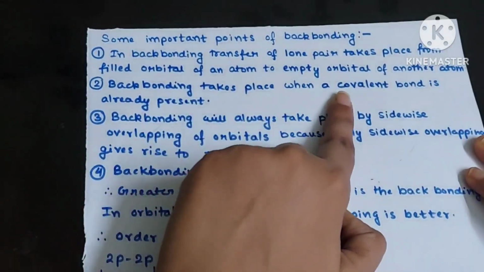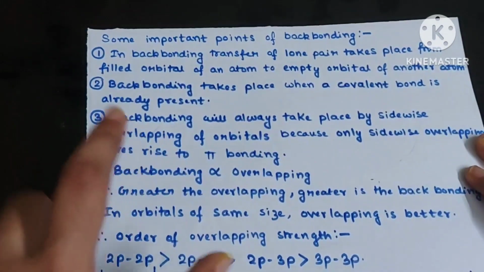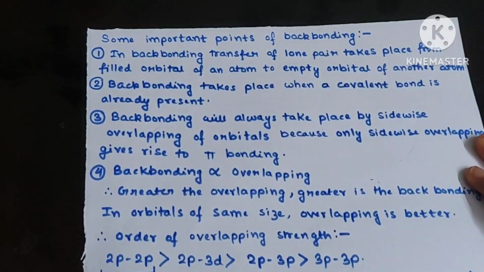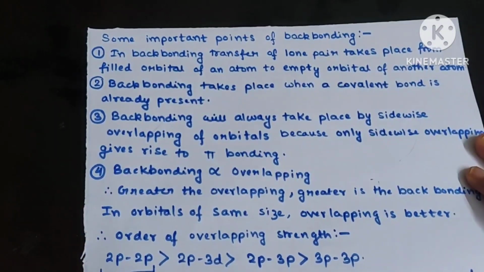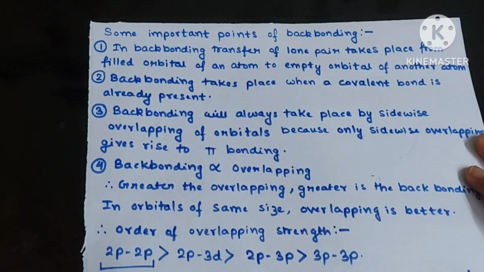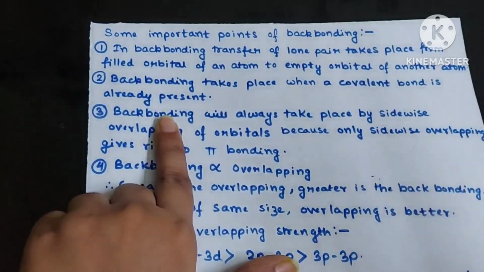Back bonding takes place when a covalent bond is already present. Back bonding will only take place when a covalent bond is already present. Okay, so we will read the examples next. There we will just match these points, whether it is happening or not. Okay, so first let's read the points.